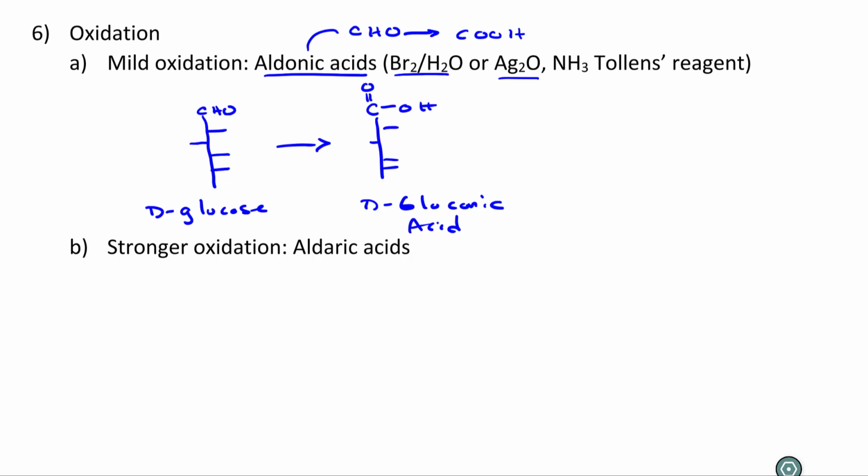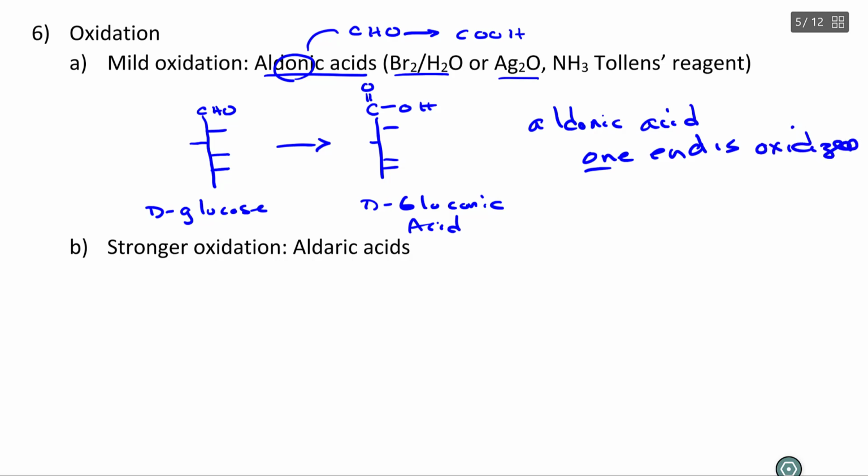And one way to remember that it's aldonic acid is to look at the name and the ON, because one end is oxidized. This is something I picked up from Bruce, actually. One end, the on end, is oxidized.